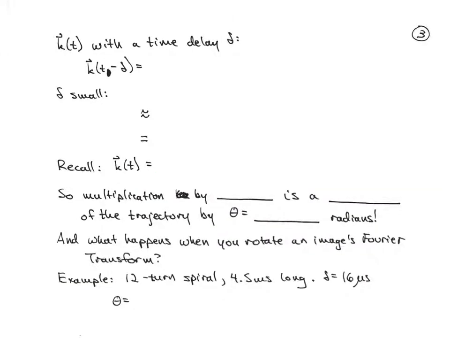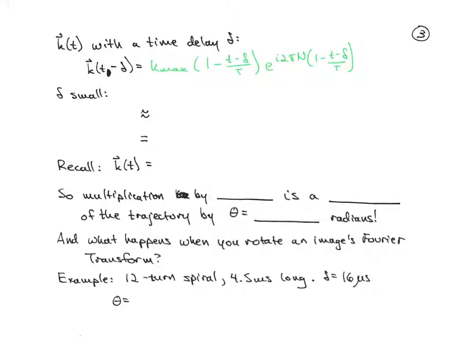So then the K-space trajectory, K of t, accounting for a time delay delta, is given by K max times 1 minus t minus delta over capital T times e to the i 2 pi n times 1 minus t minus delta divided by capital T, the duration of the waveform. And if delta is quite small, then we can separate it out.